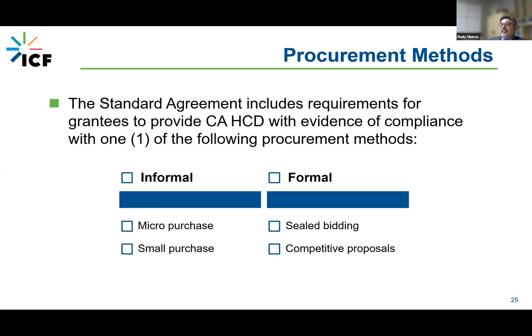Each grantee and subrecipient agreement includes requirements, and it also includes provisions for procurement of non-personnel costs. This includes providing HCD with evidence, documentation, remember, documentation.